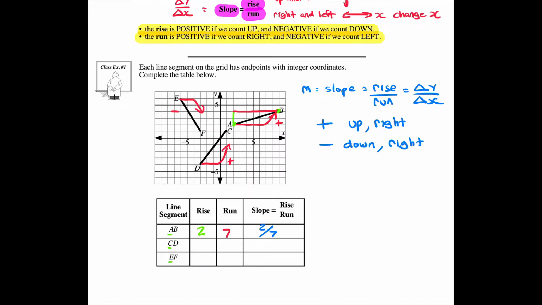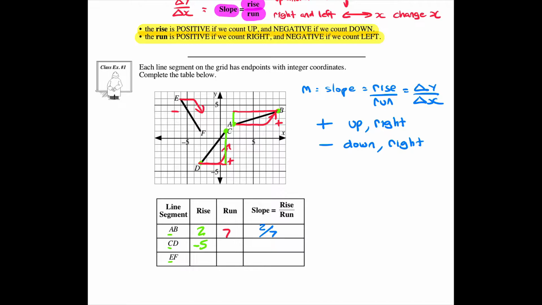So let's take a look at C and D. Well, again, what are we doing first? We're dealing with the y first, the change in y. So coming down, how far did I go down? 1, 2, 3, 4, 5. So remember, going down is negative. And then from that point, to go over to D, I went over 1, 2, 3, 4, and I went to the left.